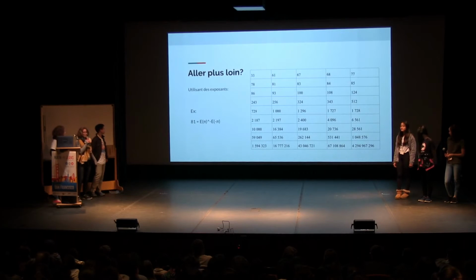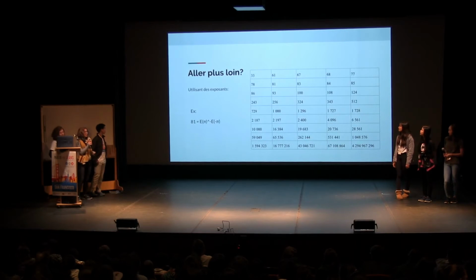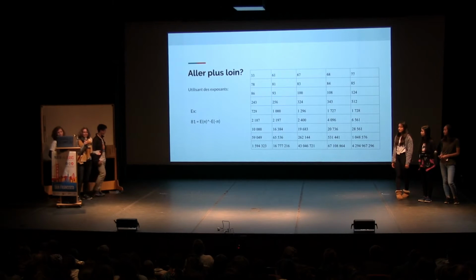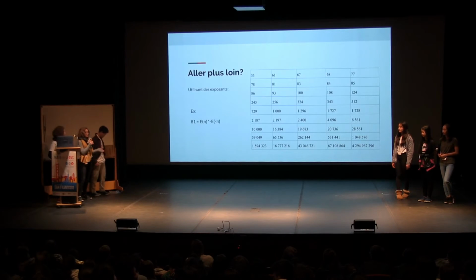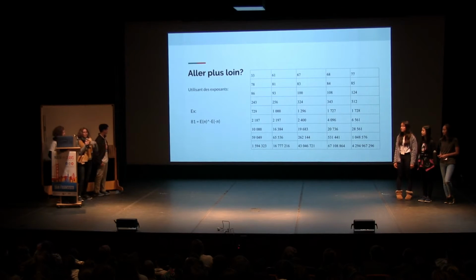So lastly, we decided to go a little farther and use exponents as another operation. The reason exponents weren't in the subject is that it's essentially the same thing as using multiplication, but we use pi more than 3 times. So we use exponents to create a bunch more numbers with only 3 times pi.